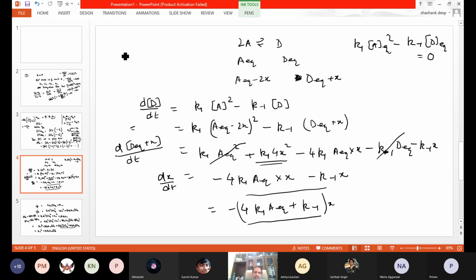So you see that S naught is equal to 2D plus A. 2D is what? 2D equilibrium plus 2x, and plus A equilibrium minus 2x cancels out. So S naught is basically the total concentration of A and D.